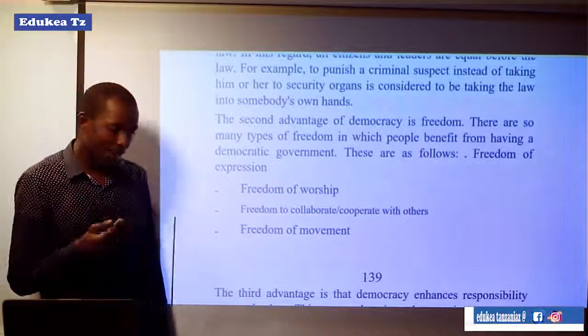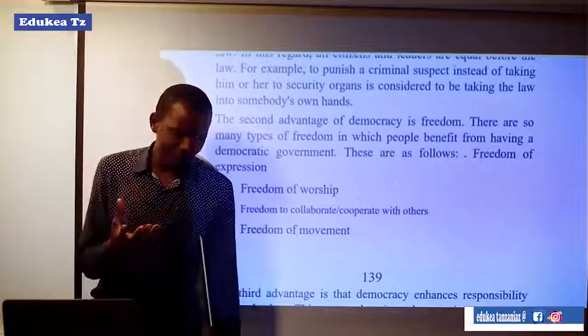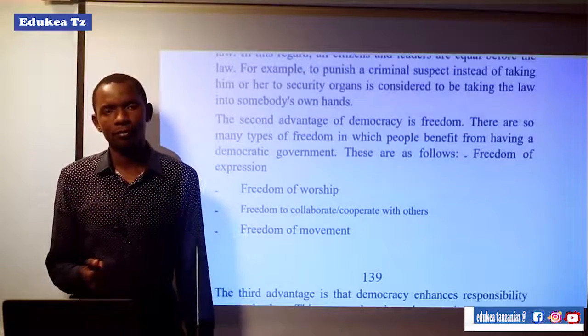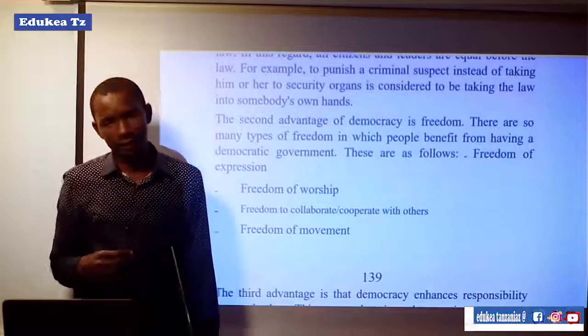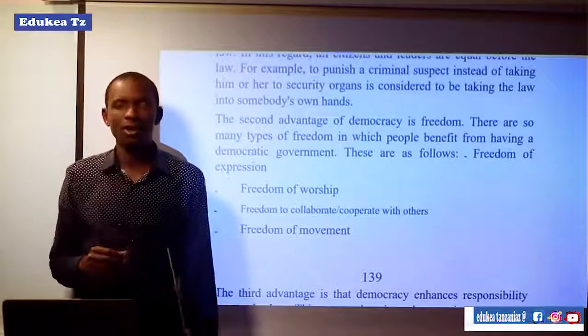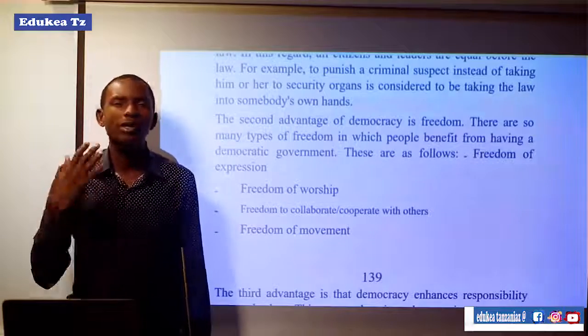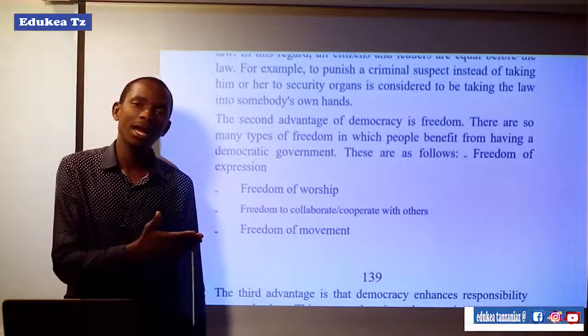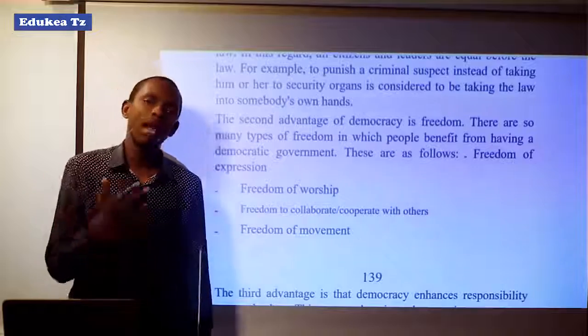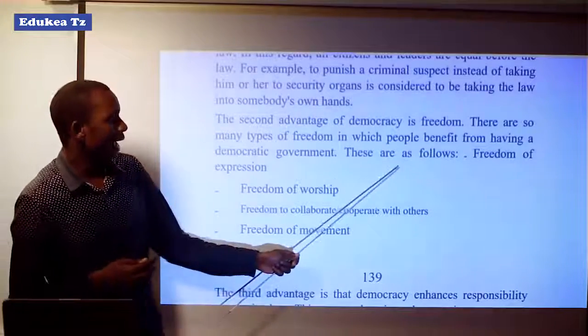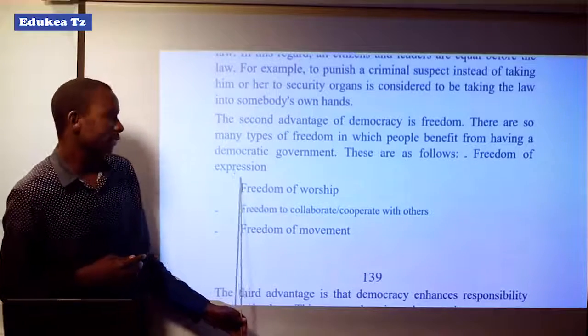Freedom is a situation whereby people are free to contribute, to criticize, or to say their views, what they think, to a particular authority or to a particular person. That is freedom.